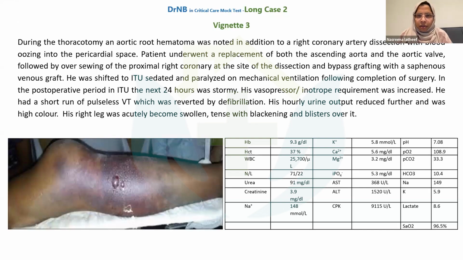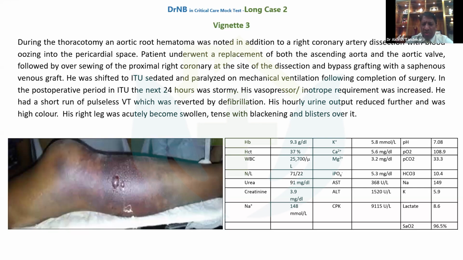Okay. And the postoperative period in the ITU was very stormy for the next 24 hours. This patient was on high vasopressors and inotropes. This patient also had short runs of pulseless VT, which was reverted with defibrillation.